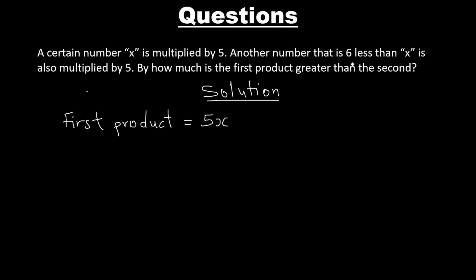Now another number that is 6 less than x is also multiplied by 5. Another number, but this number is 6 less than x. So that is the second product. So let's write it here. That second product is 6 less than x. That is x minus 6.